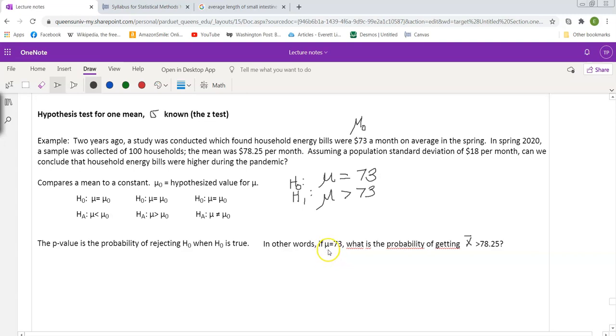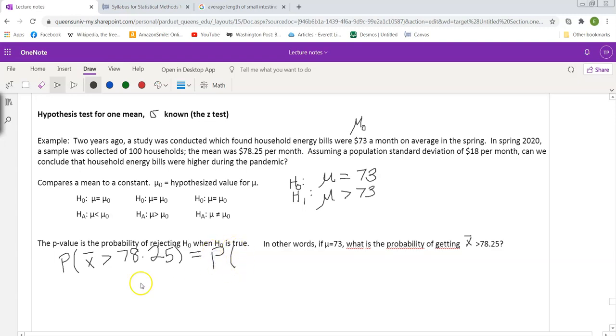So if mu equals 73, what is the probability that we get X bar greater than 78.25?